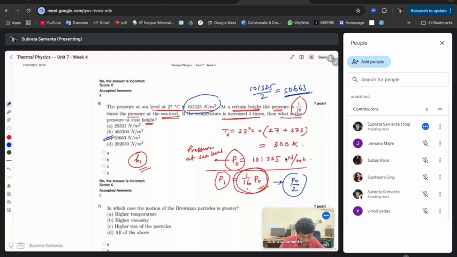So C is very close. So this is the approximate answer.